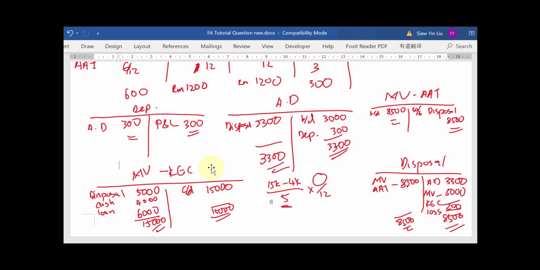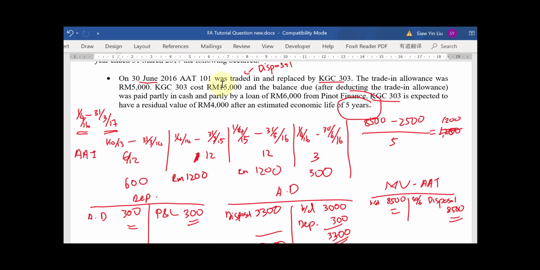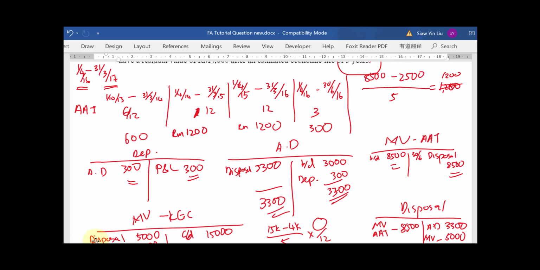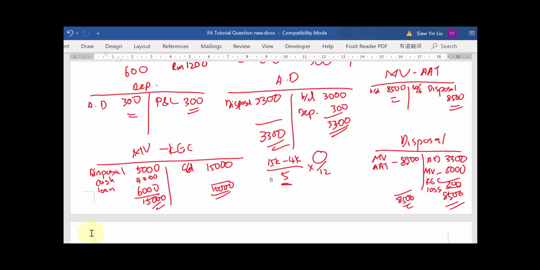Your motor vehicle account's opening, because you buy, the cost of this asset is 15,000, but how you pay is different. You pay by a car, 5,000, so here you have 5,000, double entry, the trade-in allowance, and then the total cost is 15,000.